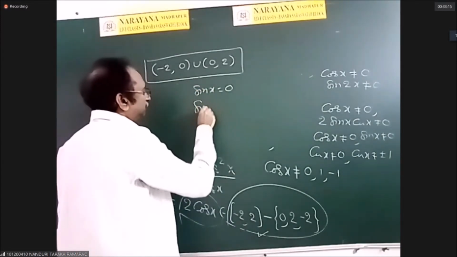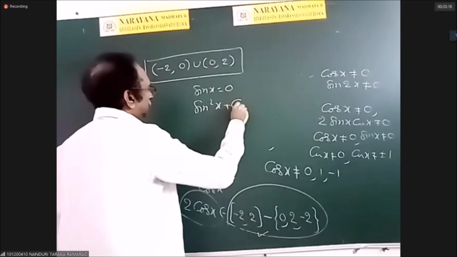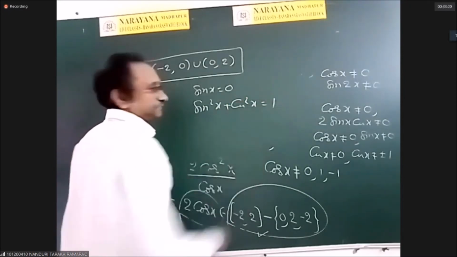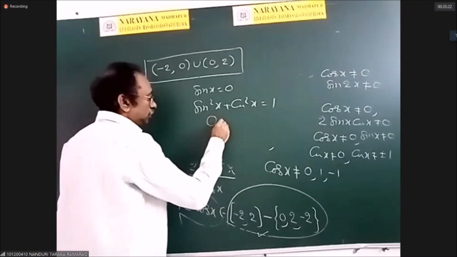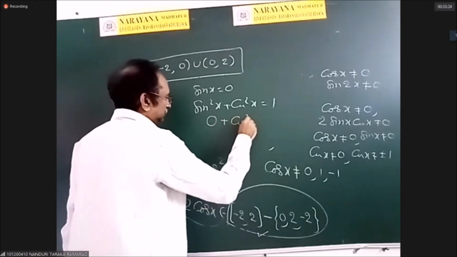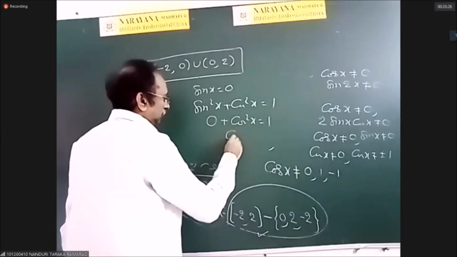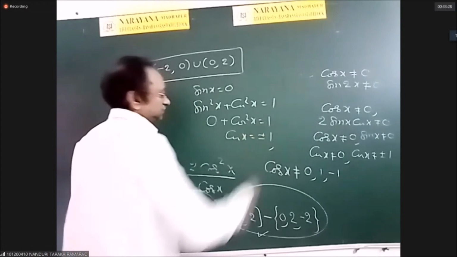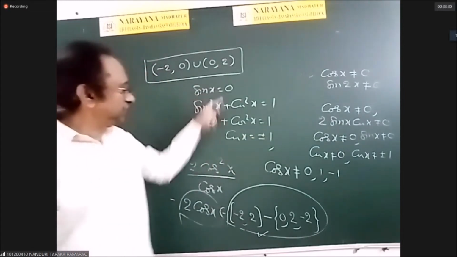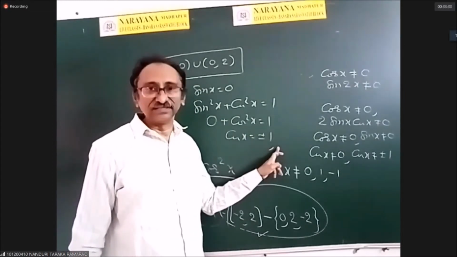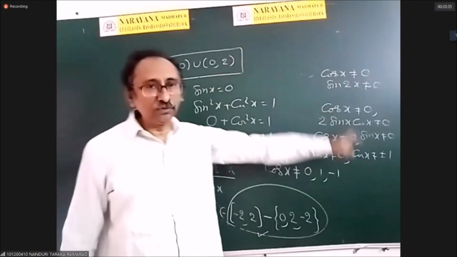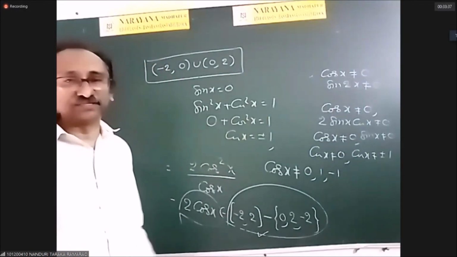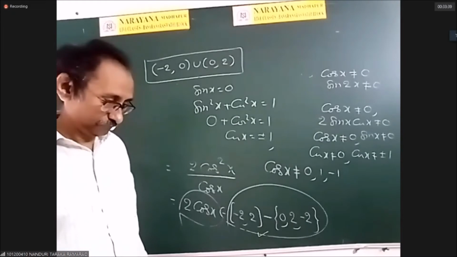What is the formula for sin square x plus cos square x? That is 1. If sin x is 0, then 0 plus cos square x is equal to 1. Therefore cos x is equal to plus or minus 1. So if sin x is equal to 0, cos x will be plus or minus 1. Since sin x is not equal to 0, cos x cannot be plus or minus 1. Okay, sir. Understood, sir.